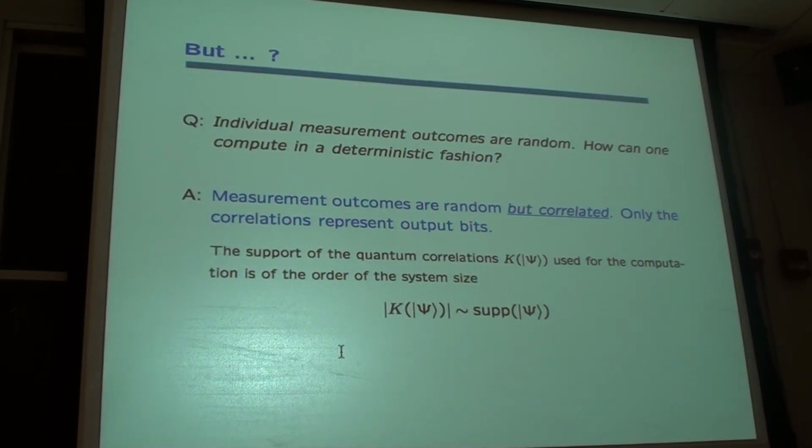All right, and for the physicists, the correlations that we are interested in here for this computational scheme are not two-body, three-body, four-body correlations. What we're interested in is really the correlations that have a large support, that have a support that's as big as our system. We are really interested in those very highly non-local correlations.